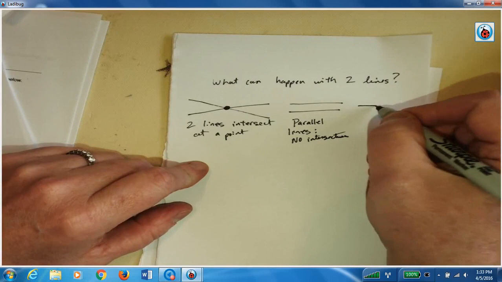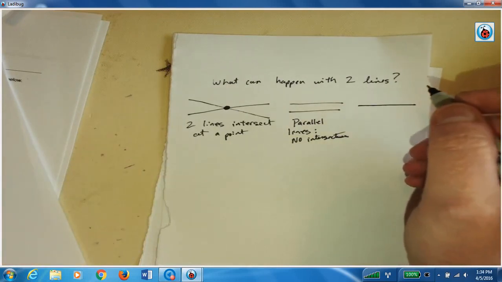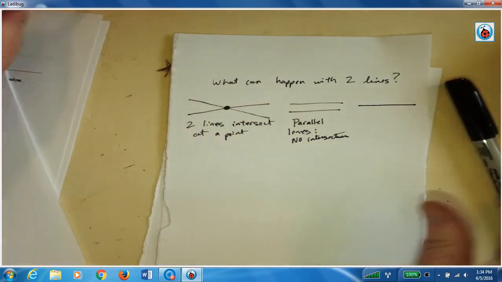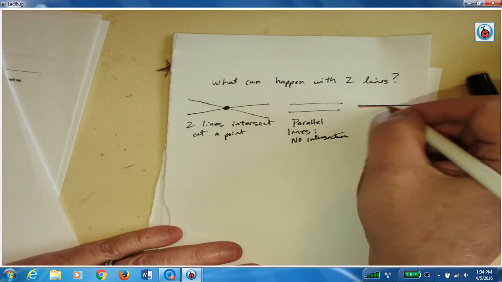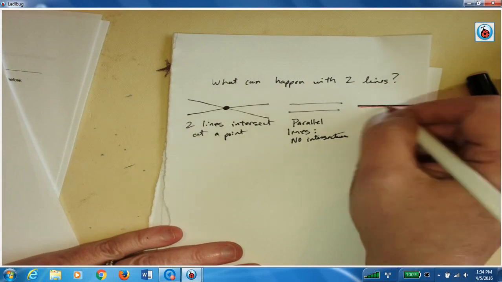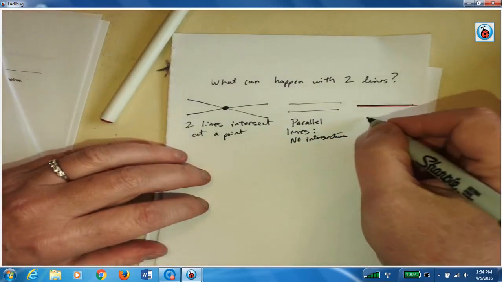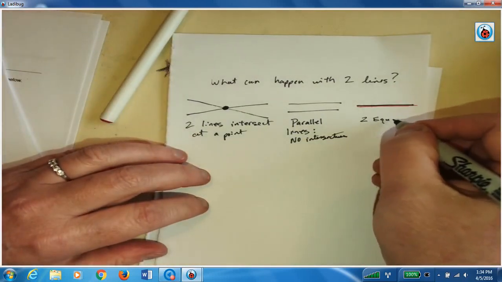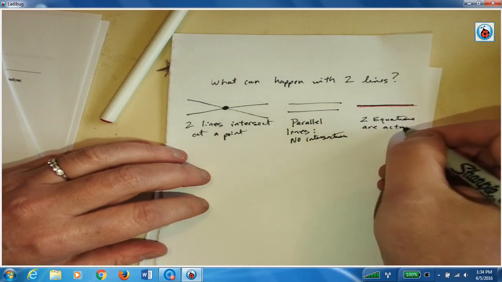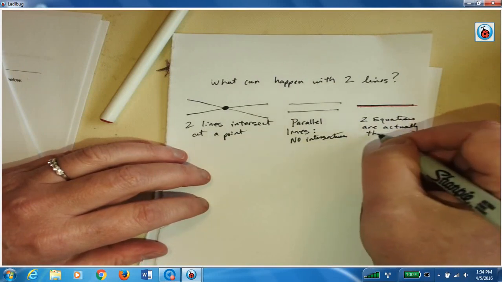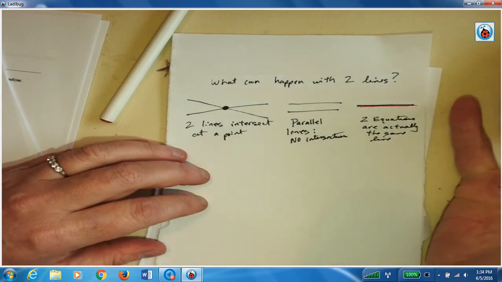Or you can have an equation of one line, and then an equation of a second line, and even though it looks on the surface like the equations are different, it turns out that they're the same line. So the two equations are actually the same line. How many intersection points do we get?